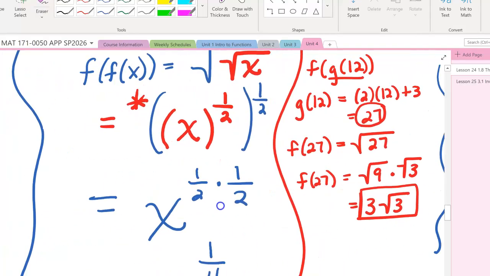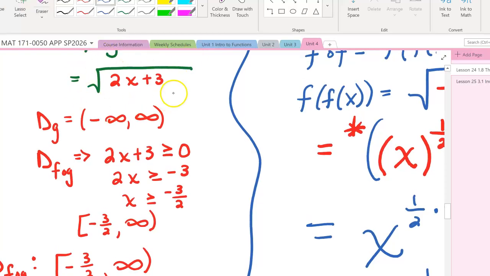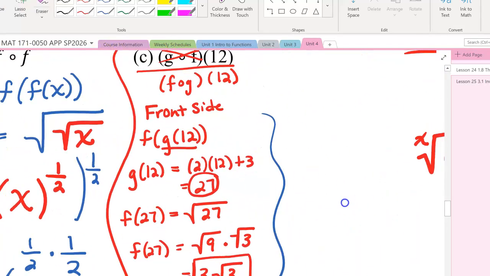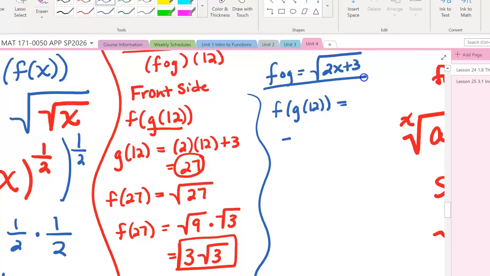Since I found that f composed with g is the square root of 2x plus 3, I can also find f of g of 12 by plugging directly into the composed function.